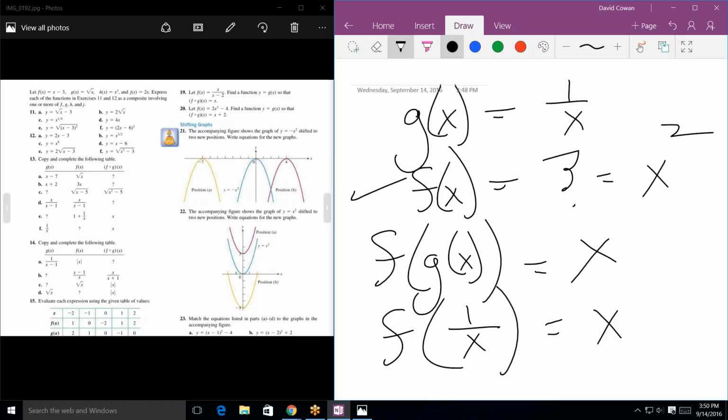Well, if f of x was x squared, what would f of 1 over x be? Would that be 1 over x squared? Yeah, and that's not right. That doesn't give us the correct answer. So let's go back and play with this. It's not x squared.